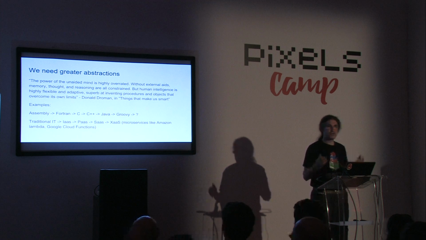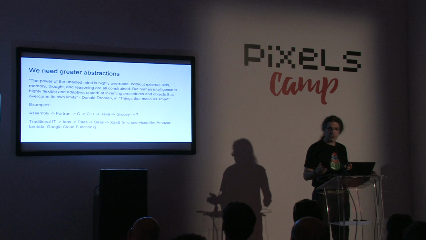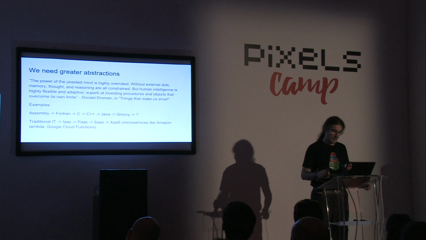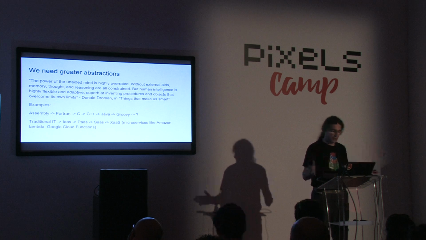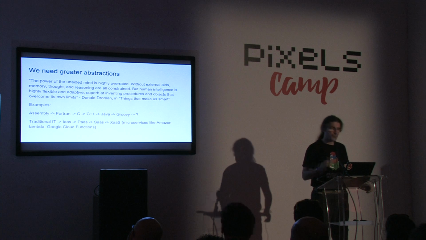So someone else manages machines and network, and you just have to install your operating system of choice and everything else. But maybe you don't want to keep updating security and patches and whatnot. So you move to platform as a service, and you just ask for, I want a database, I want some storage. Maybe you don't want to deal with that either, so you move to software as a service. You have an API that you can use. And the trend continues as X as a service, anything as a service.